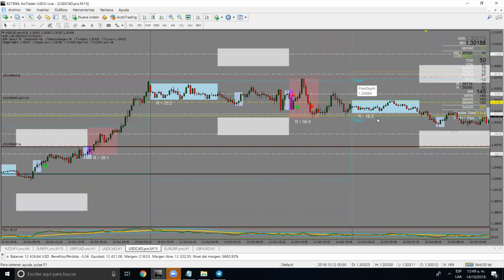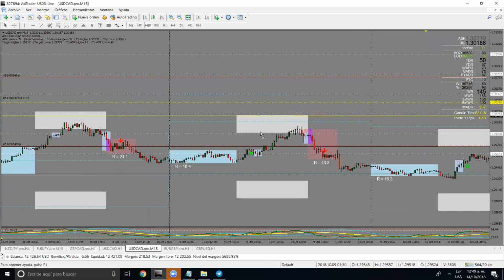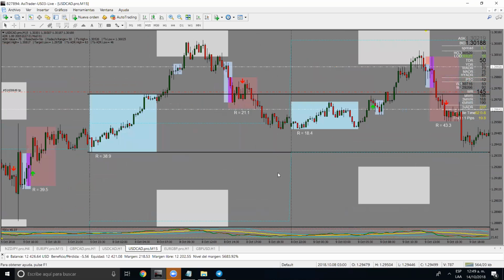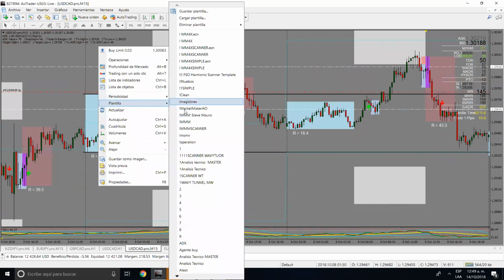Okay, day high, day low, LOD, HOD, like I told you, from the last day. We have here additional EMAs. Go to the chart again.